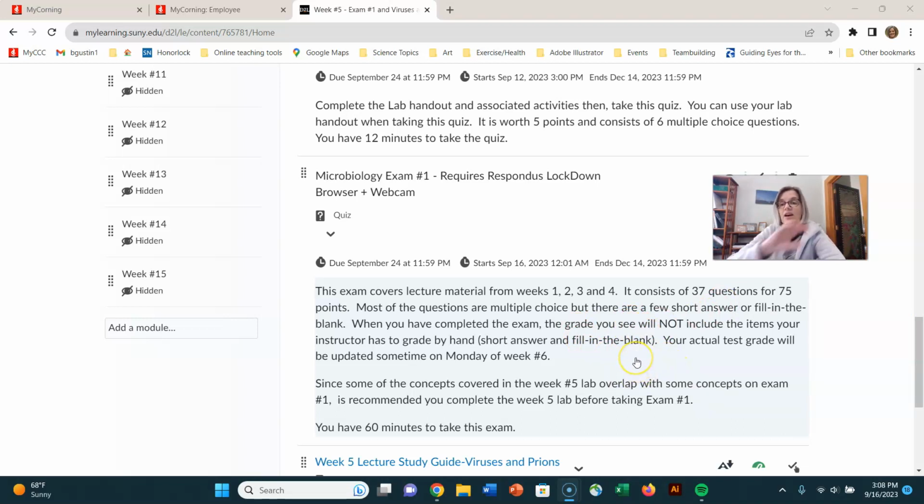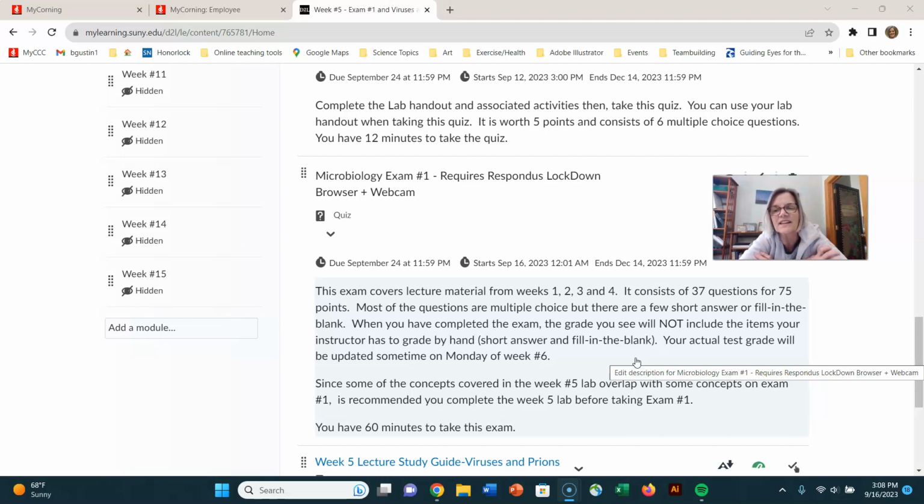It will immediately give you a grade when you've completed the exam, but that grade might not be your actual grade. If anything, it's going to be lower than your actual grade, because Brightspace can't grade those short answer and fill in the blank questions.